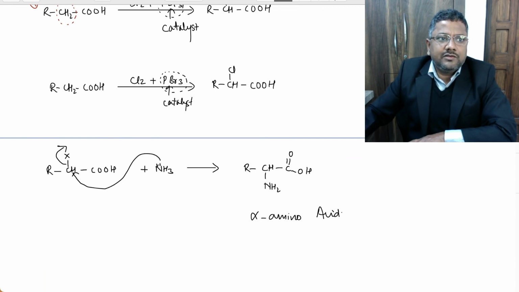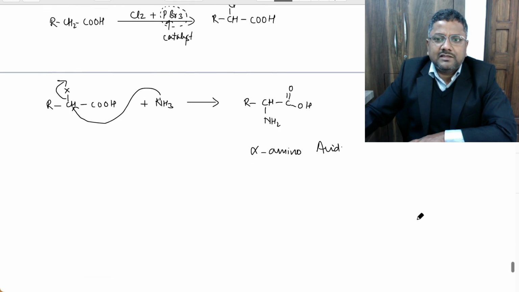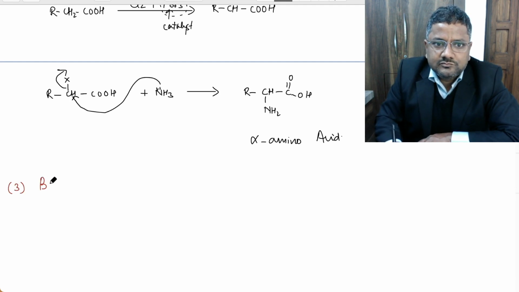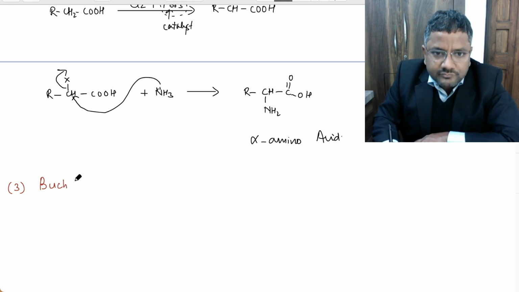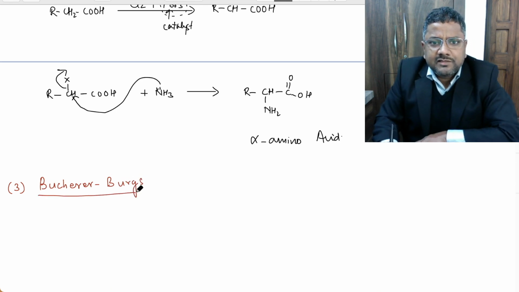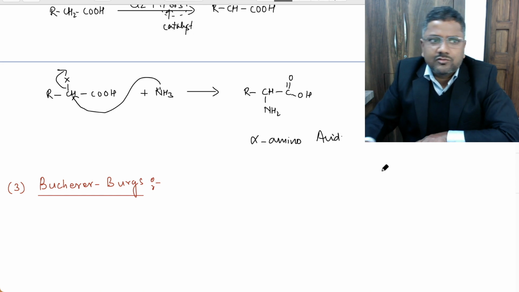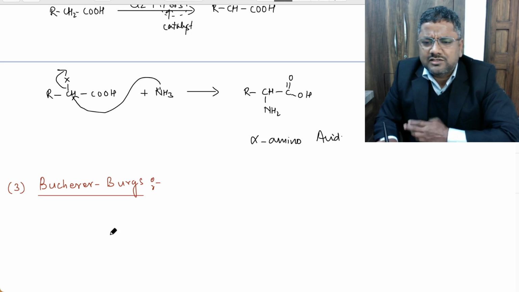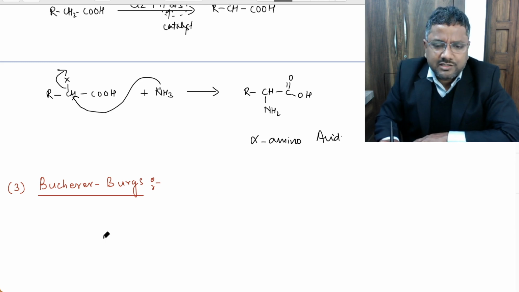And now a very popular method of preparation of alpha amino acid is the Bucherer-Bergs synthesis. This method involves very long steps, but I'm not going to write all those steps. Here I'm simply writing the condensed part. Although I think it is not mentioned in your syllabus, this is a very popular synthesis.